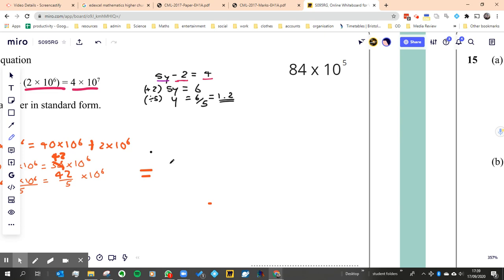So 42 over 5 is going to be 40 over 5 plus 2 over 5, so 8, and 2 over 5 is 0.4, so 8.4 times 10 to the 6. So that is the same as that one. The difference is that's standard notation, and that one isn't, because you have to have one number and then a decimal point, and so on. Okay.